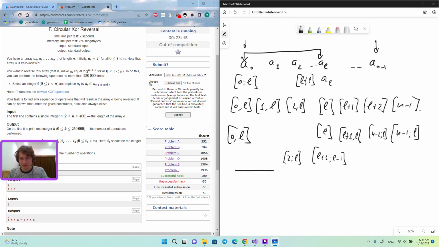Okay, so let's draw several ones. No, they are too large. 4, 5, 6, 7, 8. And I need to swap this one and the first row.